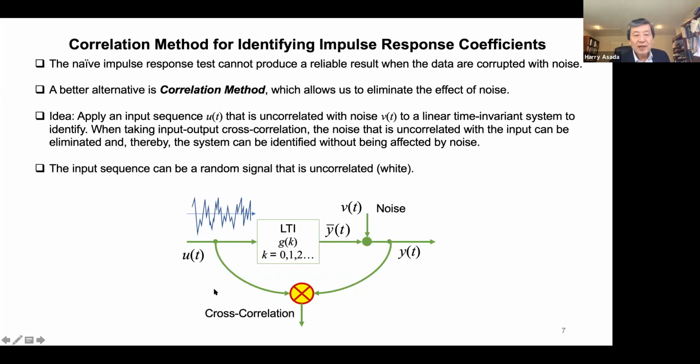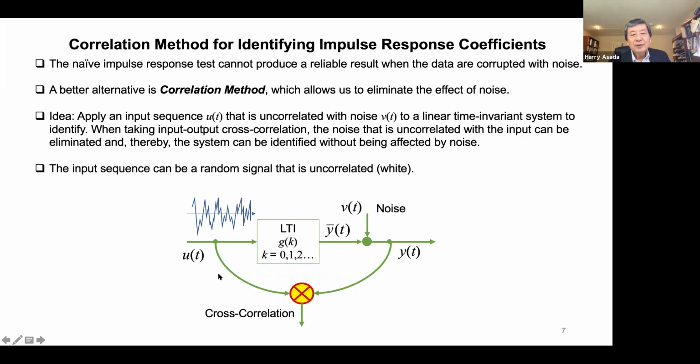We apply a time sequence u(t) that is designed to be uncorrelated with the noise v(t). Oftentimes we use random signals here, uncorrelated white signals. We inject that into the system, and u(t) and v(t) are not correlated.